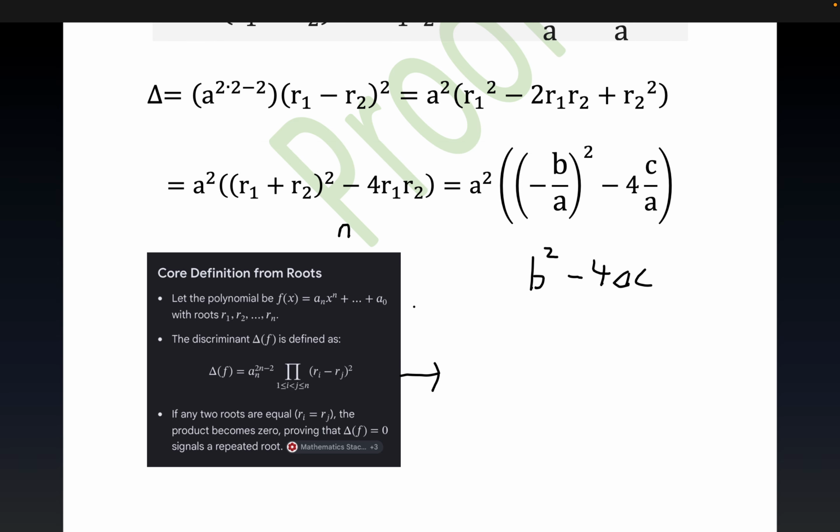In the cubic case, this product would have 3 factors: r_i minus r_j happening 3 times, because there are 3 choose 2 ways to pluck 2 factors from 3. There's 3 ways to pluck 2 marbles out of a bag of 3 marbles. It's the same thinking here: you have 3 roots, and you'll end up with 3 differences.